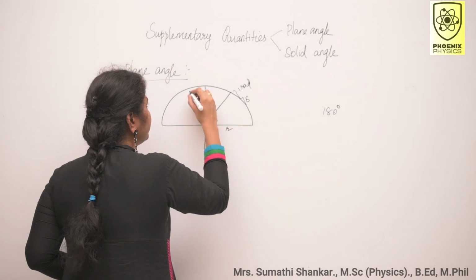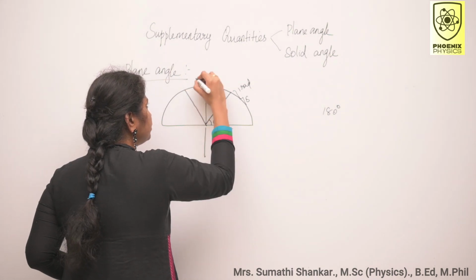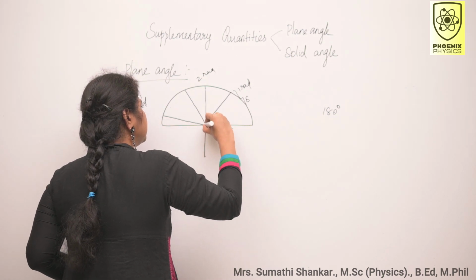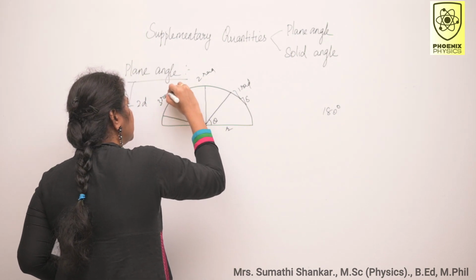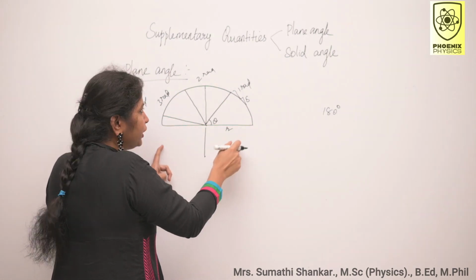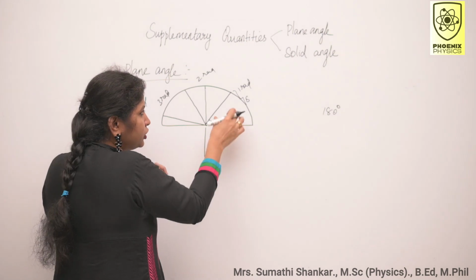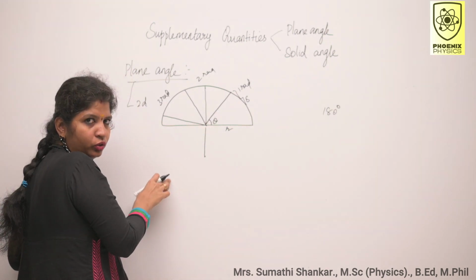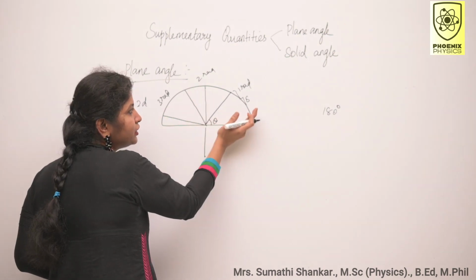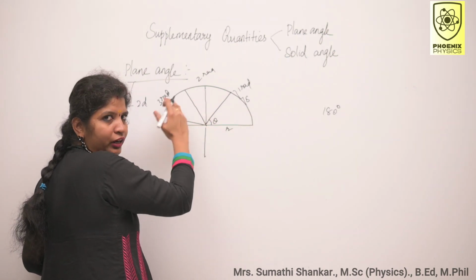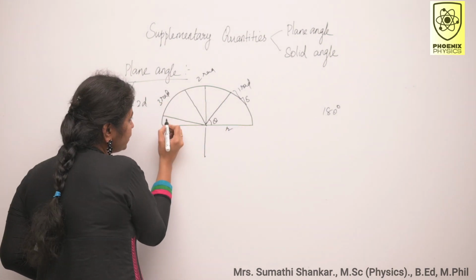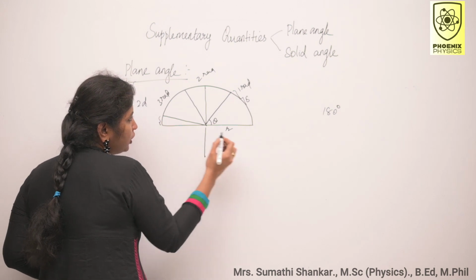This is our 1 radian, this is our 2 radian, and this is our 3 radian. So I am dividing the semicircle in terms of radians. Totally I am getting 3 radians and this small portion.